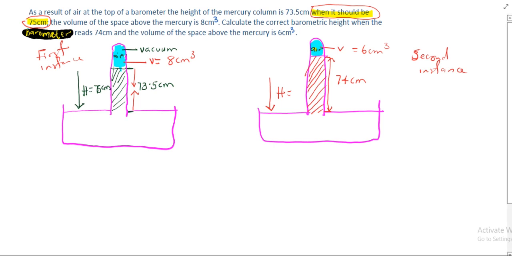We will use our first instance as our V1 and P1, and our second instance as our P2 and V2, because we're using Boyle's law.